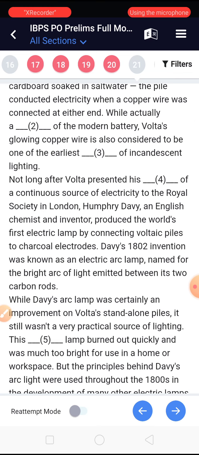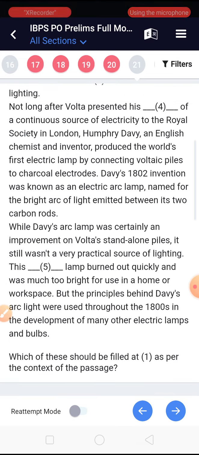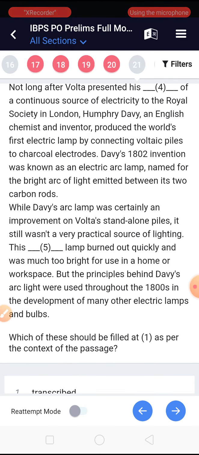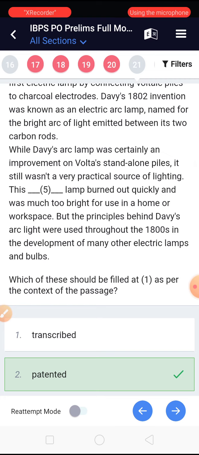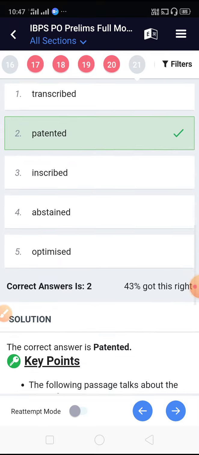Though the invention known as the electric arc lamp produced a bright arc of light between the two carbon rods, the voltaic pile source was lighting this quickly and was much resistant.